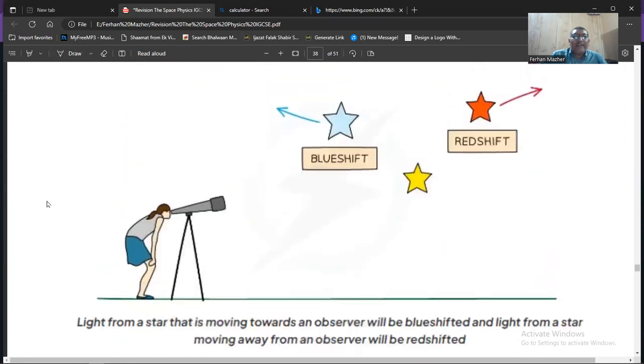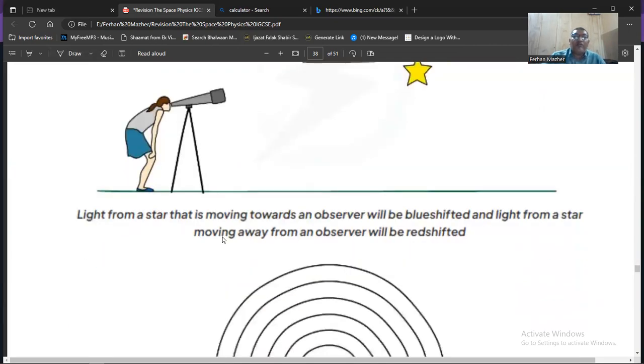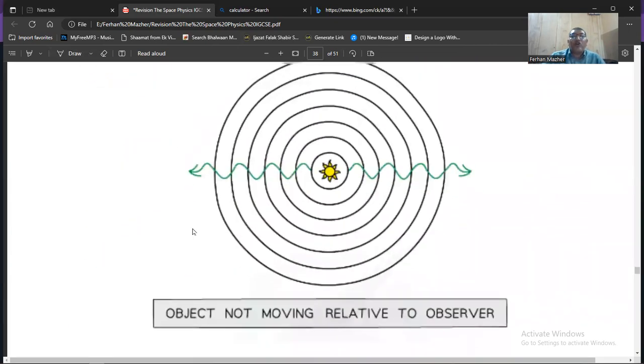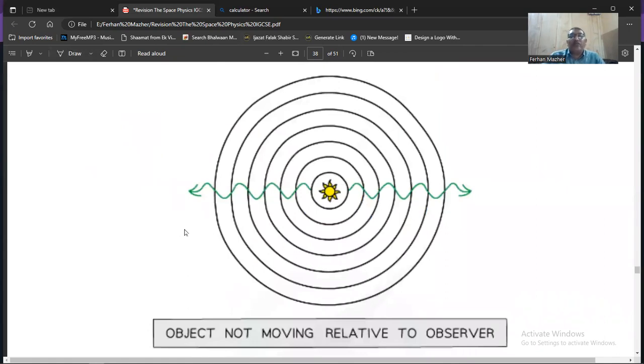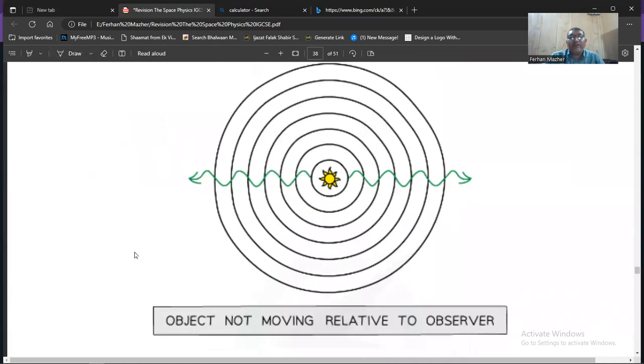So here you can see a light from a star that is moving towards an observer will be blue shifted, and light from a star moving away from an observer will be red shifted. So this star is blue shifted because it is moving towards, and this is red shifted because it is moving away from the observer. Objects not moving relative to the observer, the wavelengths and the frequency in all directions remain the same.